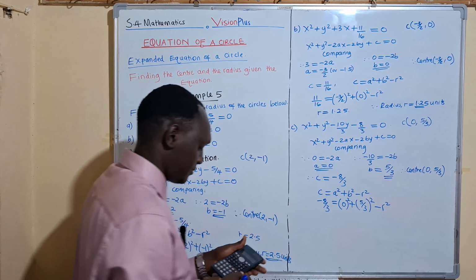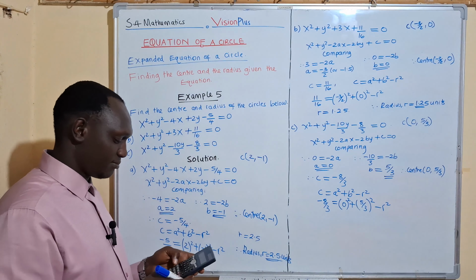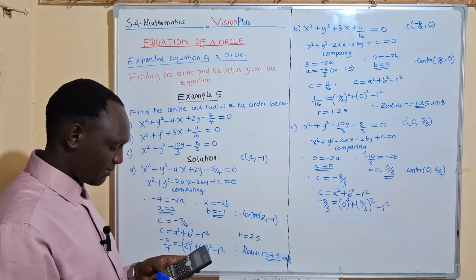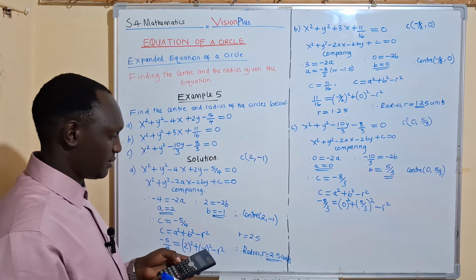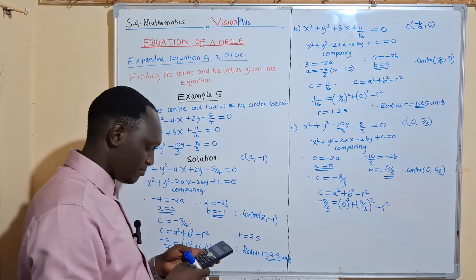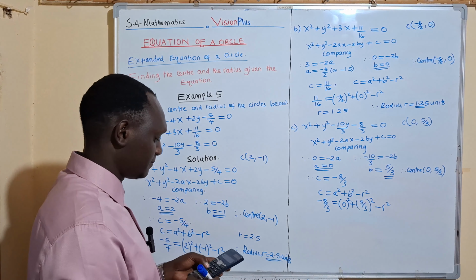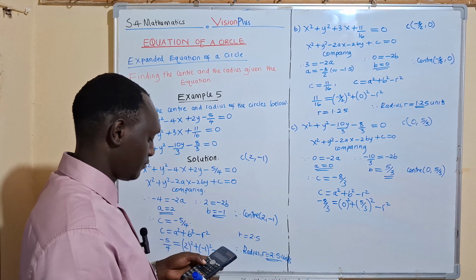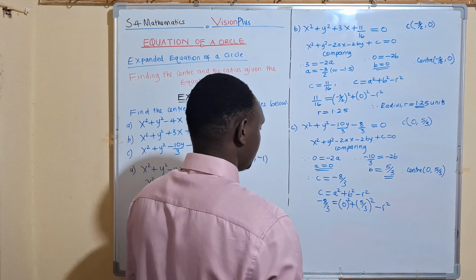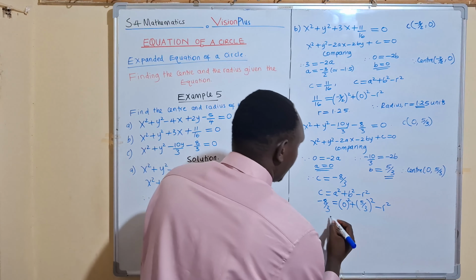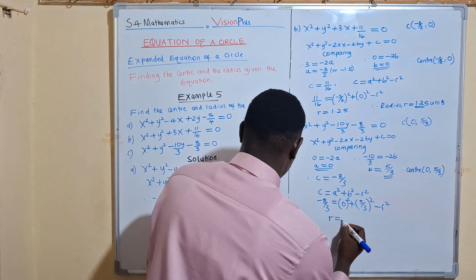Then here you look for R. So 0 squared plus 5 divided by 3 squared, this one comes here, plus 8 divided by 3. So I'm getting R. On simplifying, I'm getting that R is 7 out of 3.